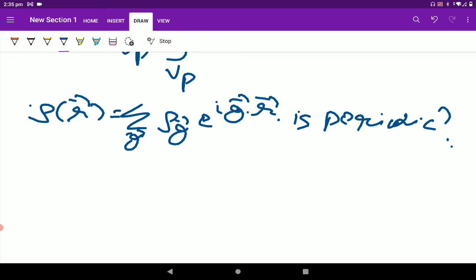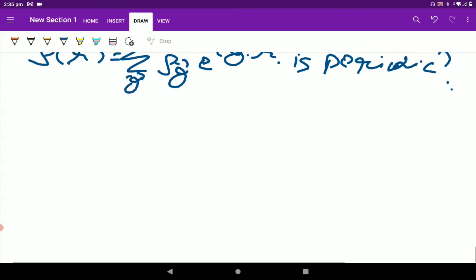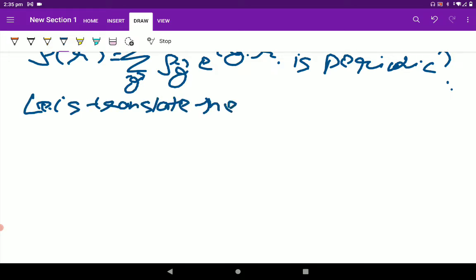So let's try again by applying the same concept of the previous lecture. We are going to translate this function by n.